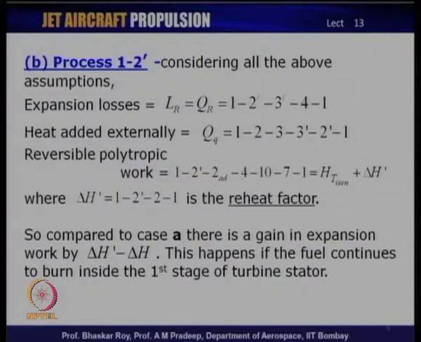Now, let us take a look at the process B, which is 1 to 2 prime. We continue with the assumption that we had made earlier, and we can say that the expansion losses, which we now call expansion loss capital L, are also equal to Q r, that is, internal heat that is added to the system, and this would be 1, 2 prime, 3 prime, 4, 1.